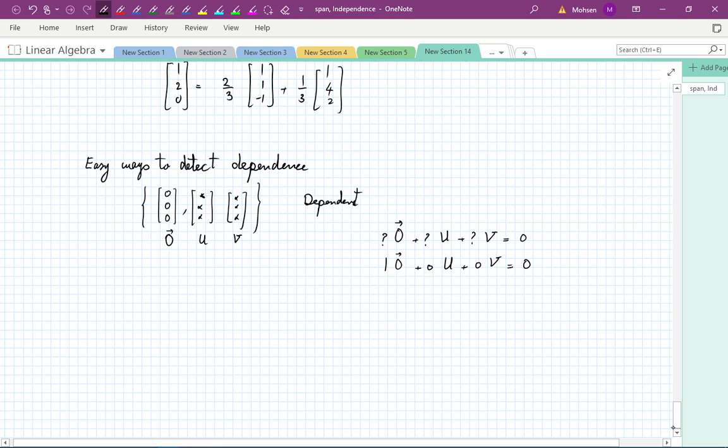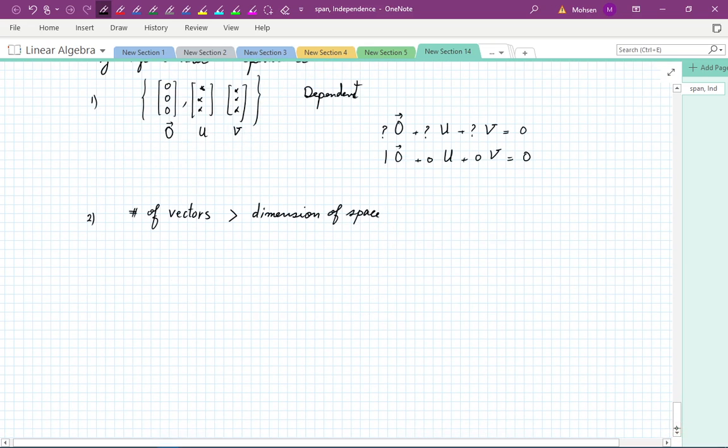That is a bit of a cheap shot, but moving on, we have the next observation: if you have more vectors than you have dimensions in your space, so if your number of vectors is more than the dimension of the space, we haven't even defined the dimension, but it's just the number of elements that you have. Let me specify that with an example.